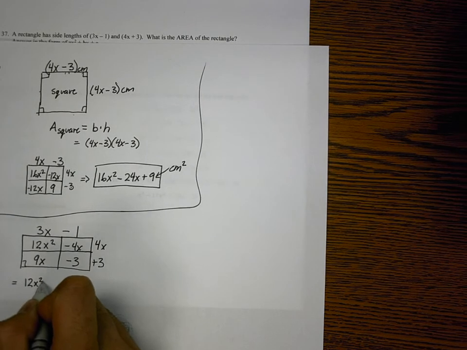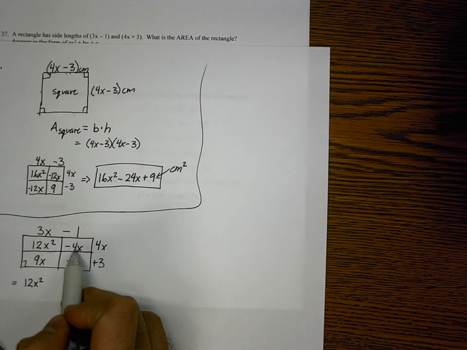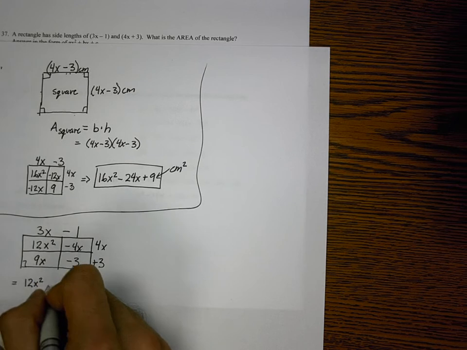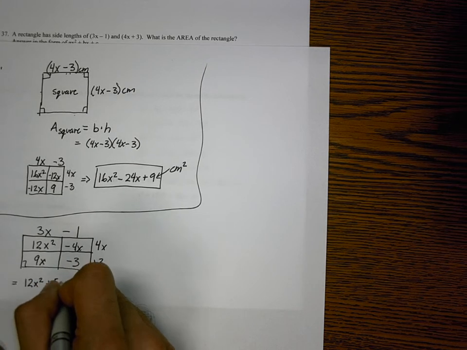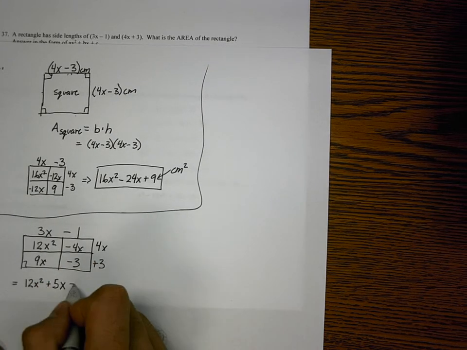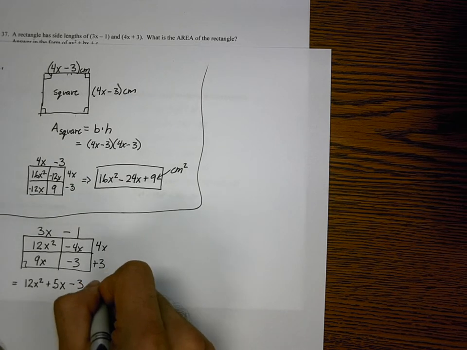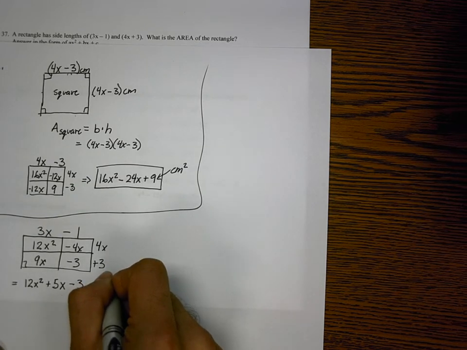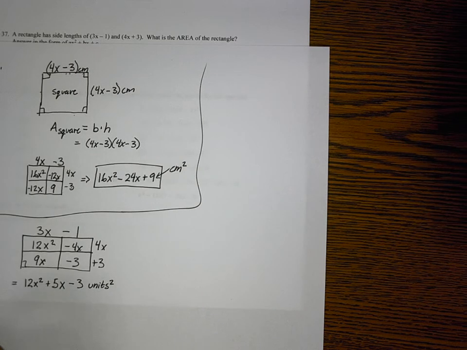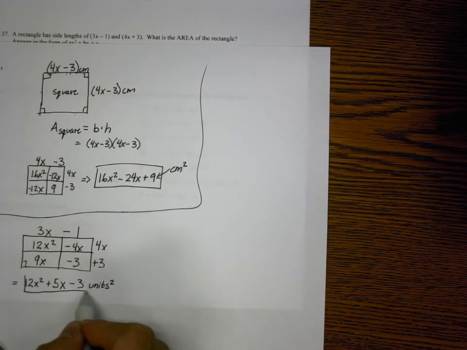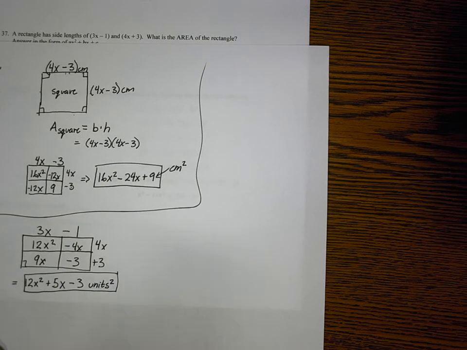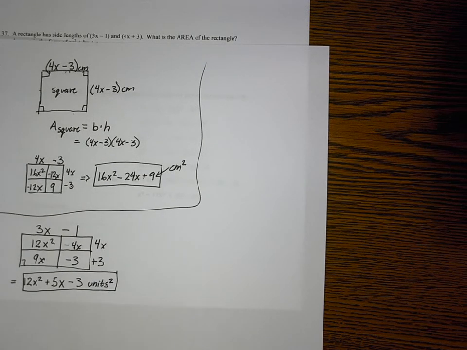Negative 4x plus a positive 9x is a total of positive 5x. And we have this negative 3. Right? And then they didn't give us units this time, but it would be whatever units squared. This way it was centimeters because they gave us centimeters, but we know the units will be squared. So that is the answer. 12x squared plus 5x minus 3 units squared.